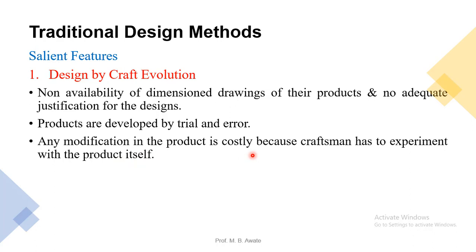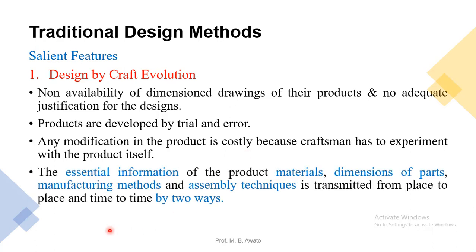As it is a trial and error method, if the craftsman wants to make any modification in the product, he has to experiment with the product itself. He doesn't even have a drawing to make the modification, because in the first feature we have seen that there is non-availability of dimension drawing. That's why the craftsman has to make the modification on the product itself, and that's why this is a costly method.